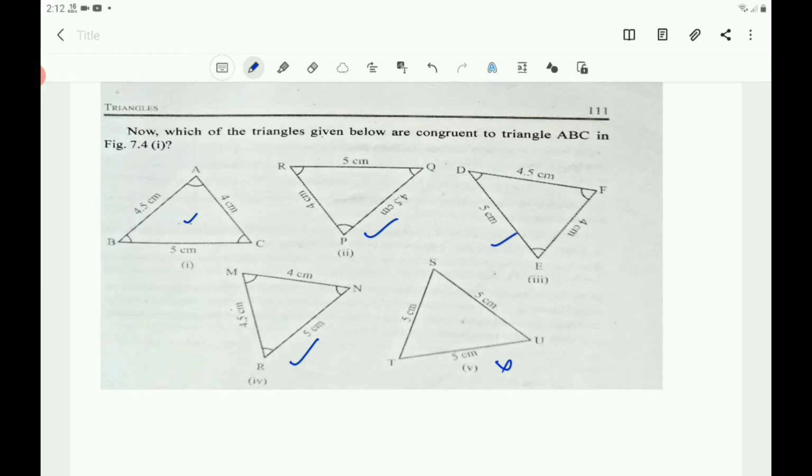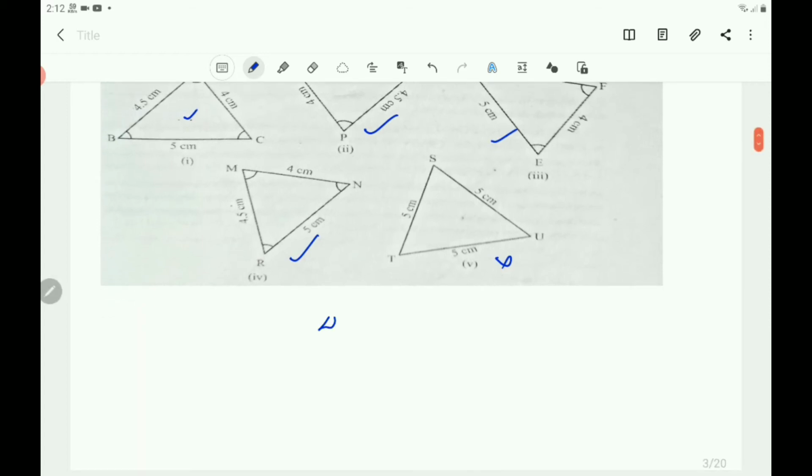If triangle PQR is congruent to triangle ABC, we write triangle PQR congruent to triangle ABC. Here, what is the symbol of congruence?